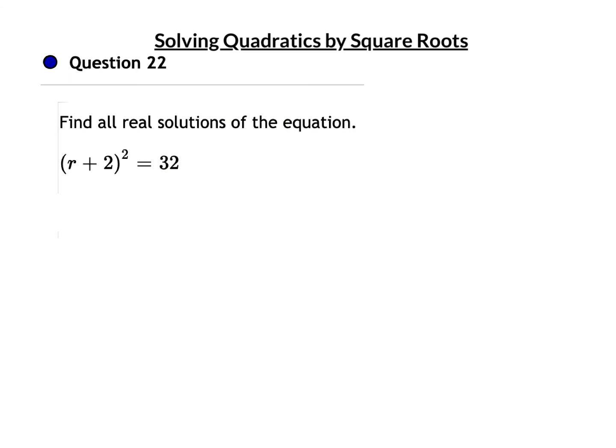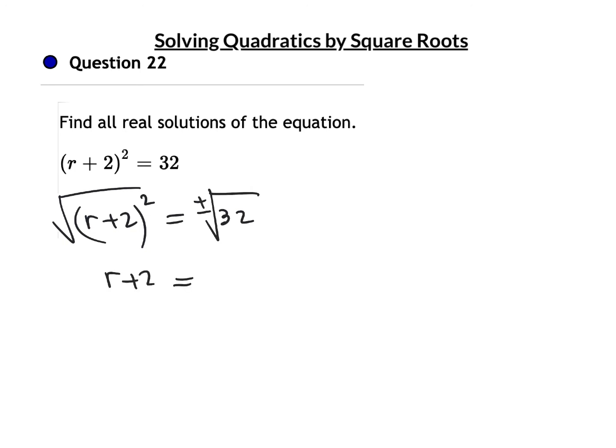Question 22. R plus 2 quantity squared equals 32. Square root both sides, put a plus or minus over there. R plus 2 equals root 32, and 32 is 16 times 2. There's a perfect square in 32. In front of the root, we'll have the square root of 16. That's 4. Left under the root, we'll have a 2.